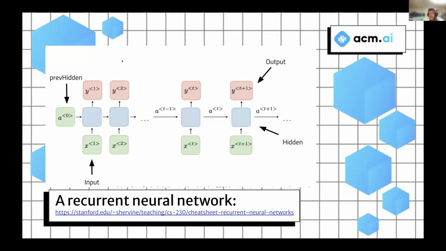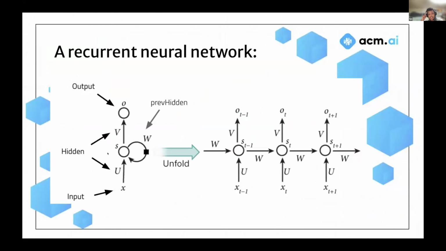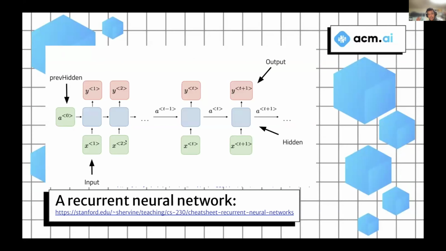For example, suppose you have the quick brown fox jumped over the fence. We would first input and get an output. Then we would take the previous hidden output of the word the, and input it into the next time step, where we're saying the quick.